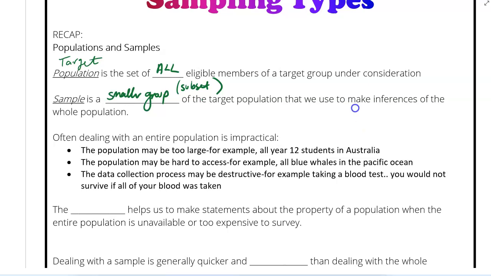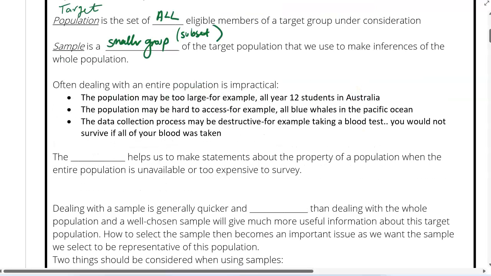The other thing we talked about yesterday is that it might be impractical to deal with the entire population. If we're interested in the opinion of all Year 12 students in Australia, then that is probably too large a population, and we might not be able to access it. Yesterday I talked about sharks in the Indian Ocean. This one's example is blue whales in the Pacific Ocean. You can't access the population, so we might take samples around the Pacific Ocean.